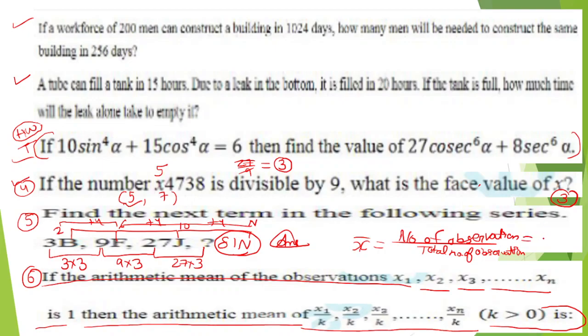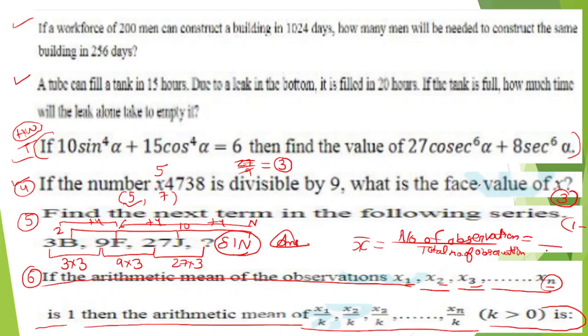Okay, so here the number of observations goes from 1 to n, because it is 1, 2, 3 and it is up to the n-th term.